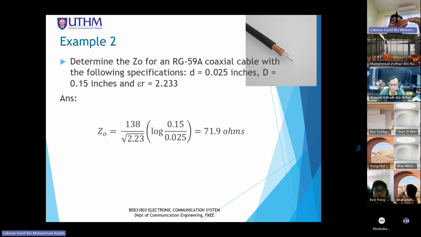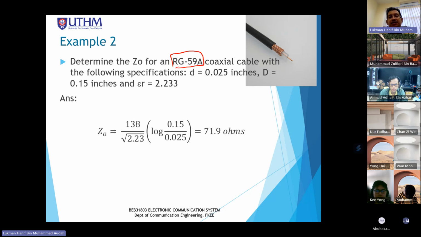For this example, we can use inches. If we use inches, that means all the lengths should be in inches, so that we can get the same answer. So determine the characteristic impedance for an RG59A coaxial cable. This is the type of coaxial cable. Coaxial cable has many types, many codes with different parameters.